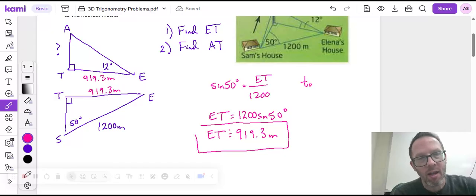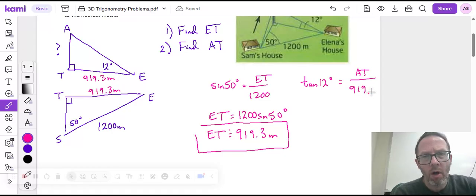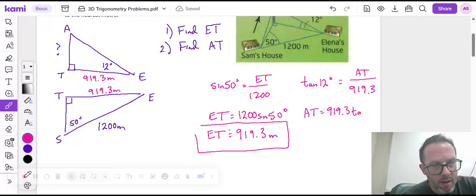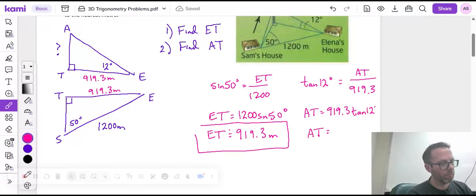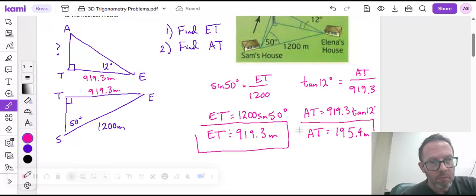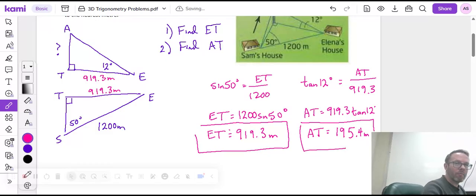So now I will use the tangent ratio, the tan of 12 degrees equals opposite AT over adjacent, 919.3. So AT is 919.3 tan 12. All right, and I got about 195.4.